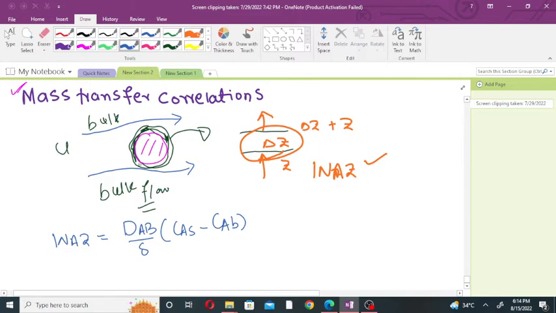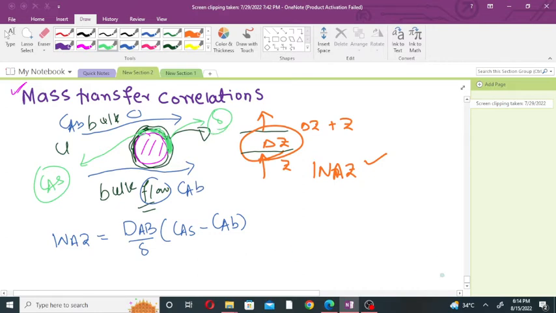This was the bulk flow. The concentration of A in the bulk flow was C_AB, and the concentration of component A on the surface of the catalyst was C_AS. The thickness of this hydrodynamic boundary layer was sigma.